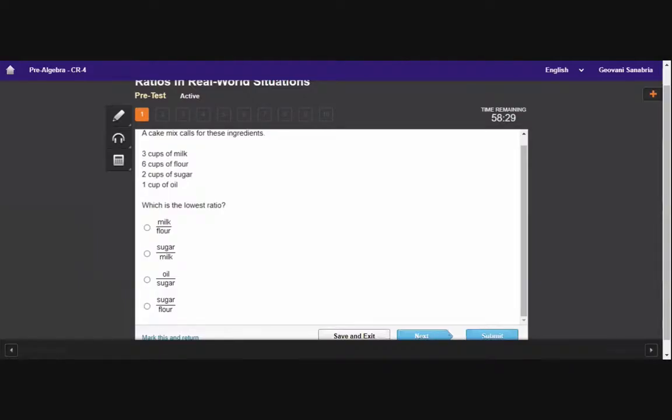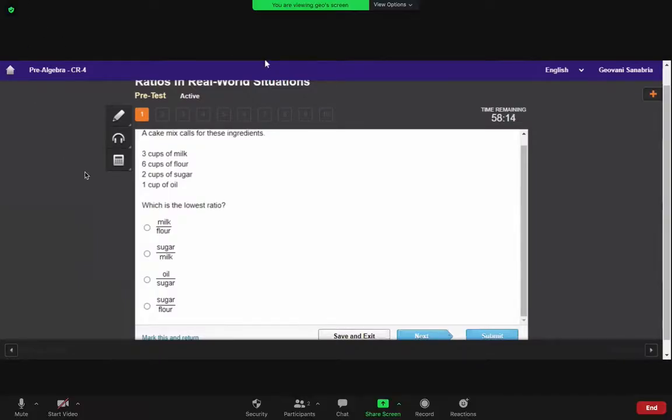And then it's milk over flour, sugar over milk, oil over sugar, and sugar over flour. Okay, so you want to switch over? Yeah.